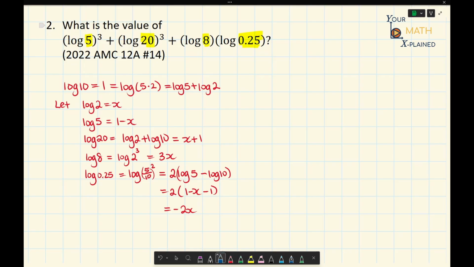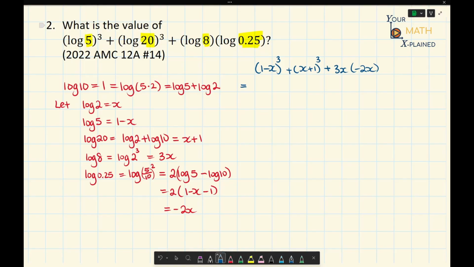So then our expression becomes 1 minus x cubed plus x plus 1 cubed plus 3x times negative 2x. And we're going to need to expand the cubes.